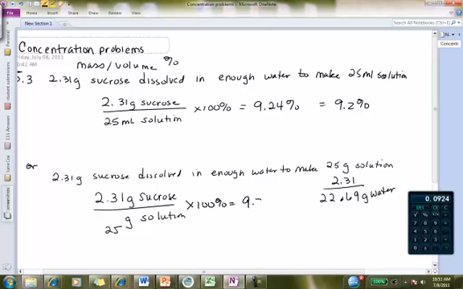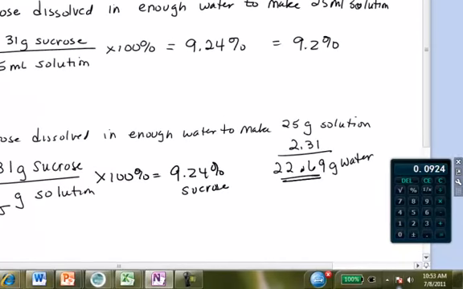Still going to get the 9.24% sucrose. But notice here, I know exactly how much water I'm going to add, and I know how much my solution weighs. In this case, I really didn't know how much water I was putting into the solution.